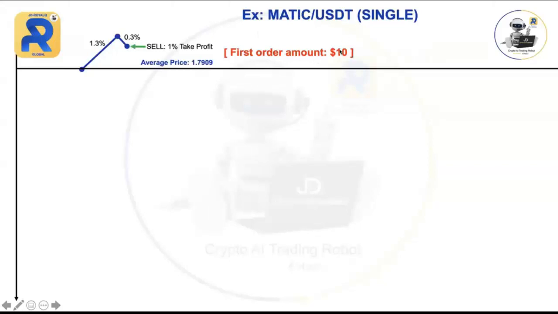And my first order, let's say I put $10, just for easy understanding. So at $10, the market goes up 1.3 and it calls back 0.3. It will then sell and take the profit at 1%. Now, if the market goes further up by 3%, the callback, sorry, is 0.3, not 0.1. So it will then take profit at 2.9%.